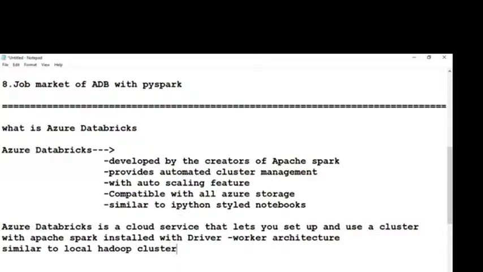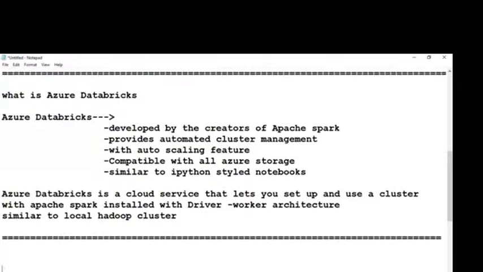Previously, before Azure Databricks, we had normal Databricks. What is normal Databricks?